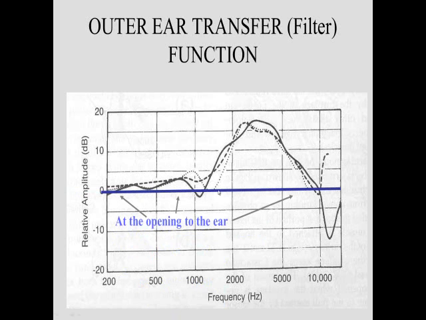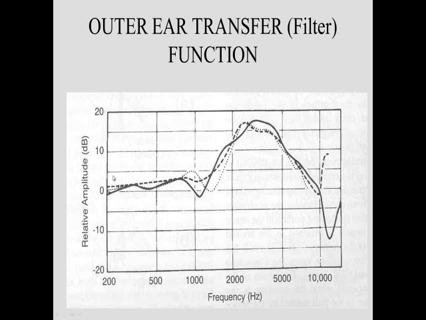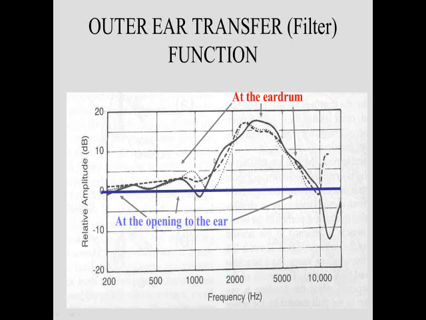In other words, the same distribution of energy across frequency at both microphones here and here. But when we do this experiment with a human ear and have the microphones placed as I just indicated, what goes into the ear is not what appears at the eardrum. In fact, at the eardrum, there is a lot more energy present at the high frequencies.